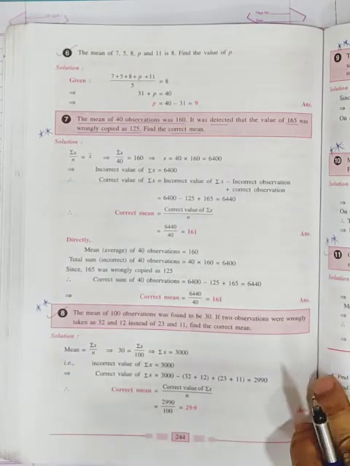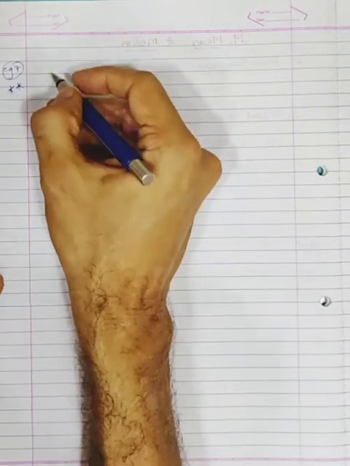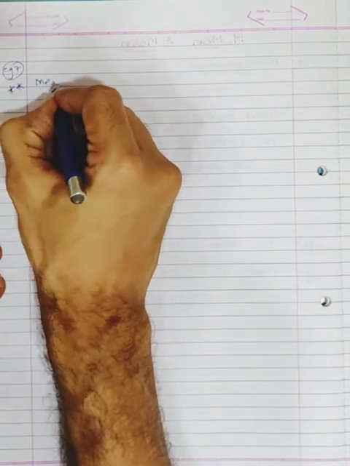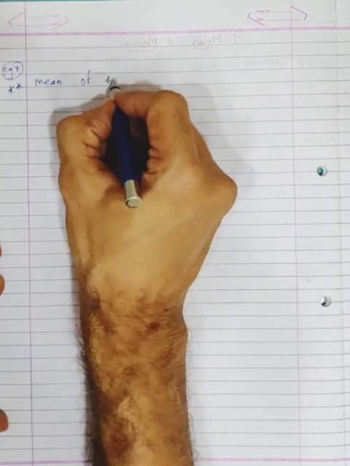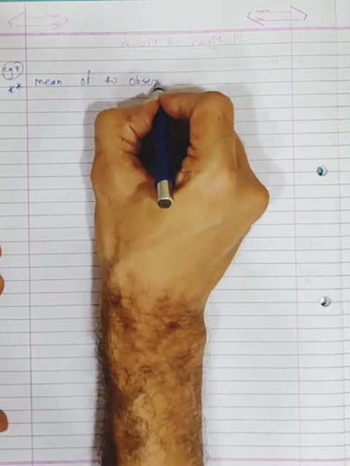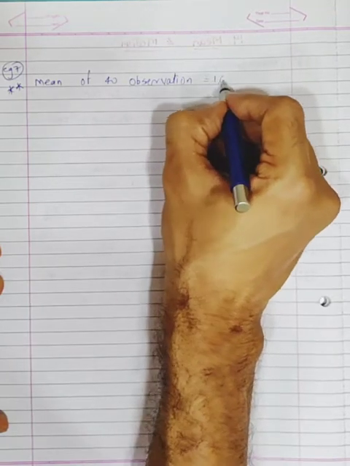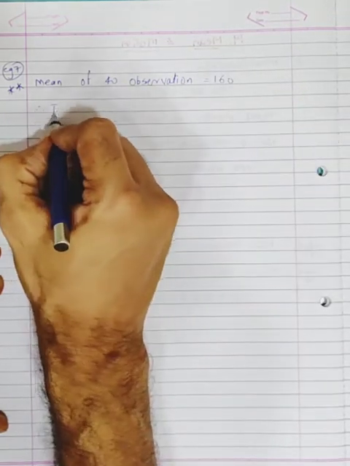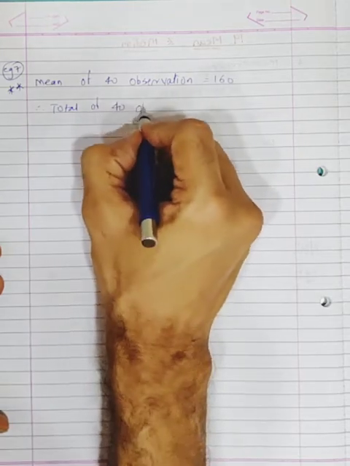So see, first what we'll do, we will first find out what are we given. Mean of 40 observation is equal to 160. So therefore total of 40 observation.